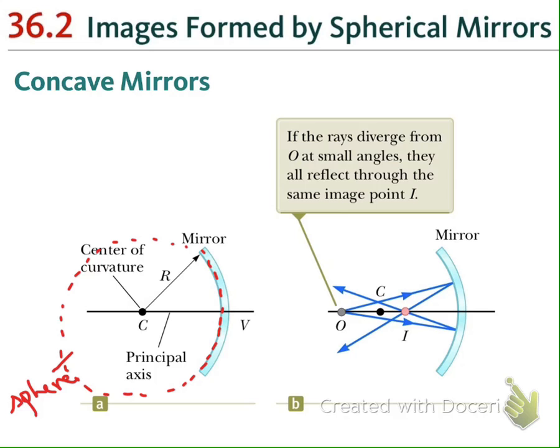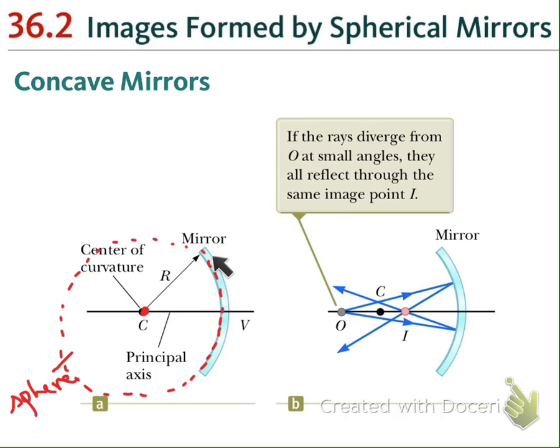So, if the surface is a part of the sphere, you can define a point here that we call the point C, and we call it the center of curvature. The meaning is that if you extend the surface to complete the sphere, the point C is the center of the sphere.